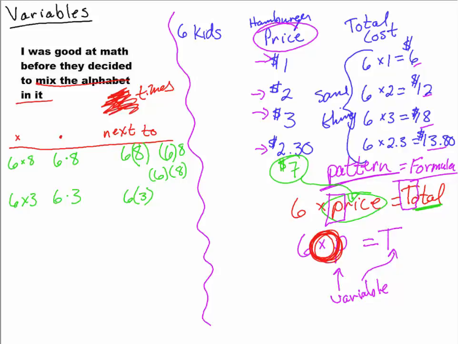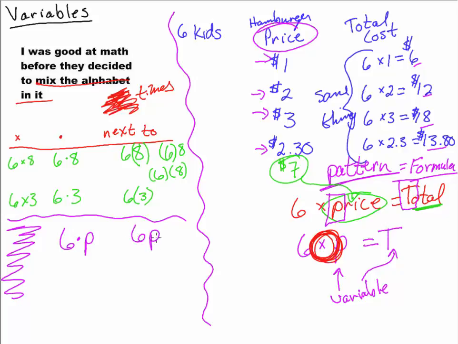So when you start using variables, instead of 6 times p, once you get to algebra, you just don't use this symbol anymore. So I could write 6 dot p or just 6p. Notice when I've got a variable, there's no ambiguity. It's not 60p, it's 6 times whatever the price is, which kind of makes sense. You got 6 prices, or 6 sevens, or 6 threes, or 6 twos, or whatever goes in for p.